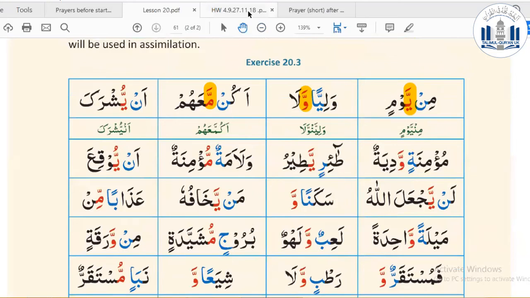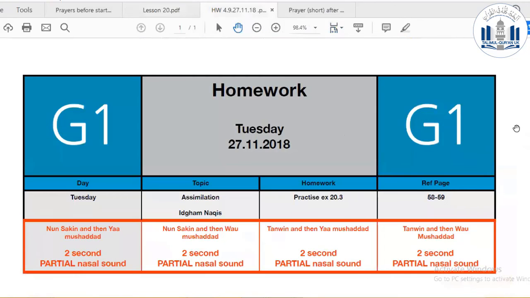So to help you, we've written down your homework on this sheet. So can everybody please note down this homework? Your homework is to practice exercise 20.3. So that's the exercise that we just did today, exercise 20.3, which was on Idgham Naqis, and page 58 to 59 of your books if you have that. Okay, and to help you, we've just condensed down the rules and written them out like this.